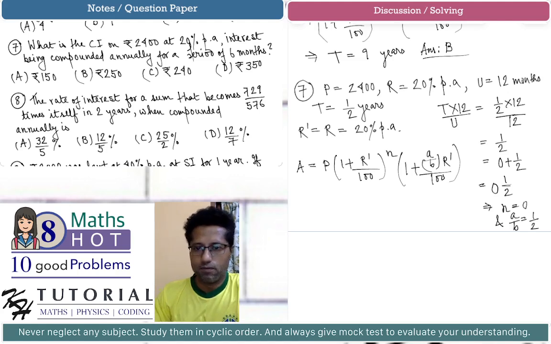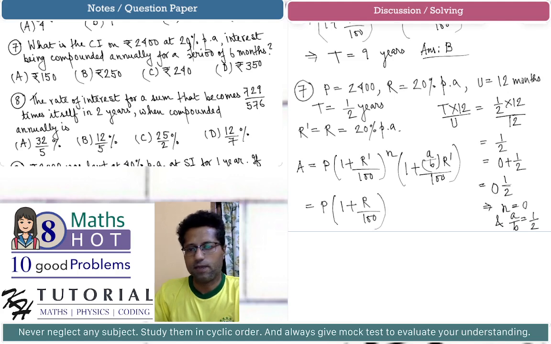So for this problem, we have found that n is equal to 0 and a by b is equal to half. So the formula becomes P, also we have r dash is equal to r. So this becomes 1 plus r by 100, where n is 0, and a by b is half, and r dash is r by 100.